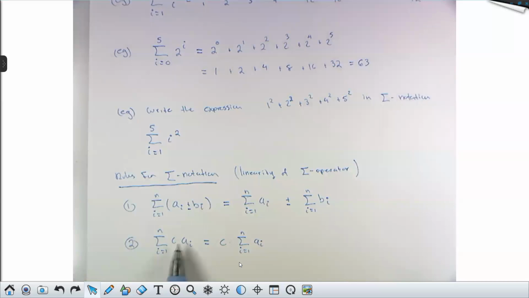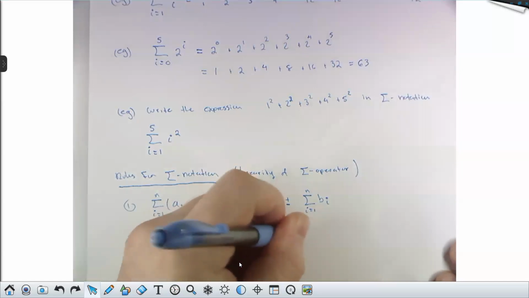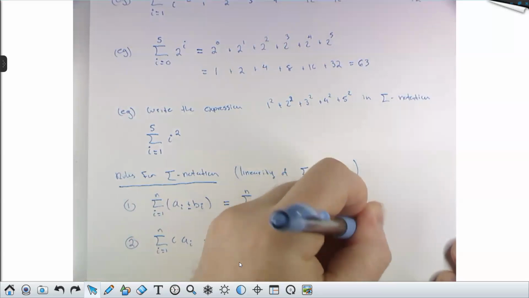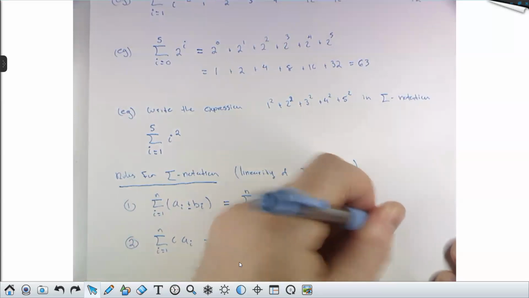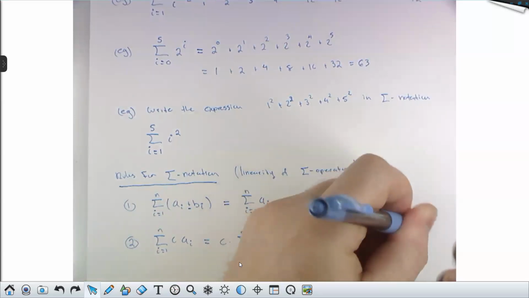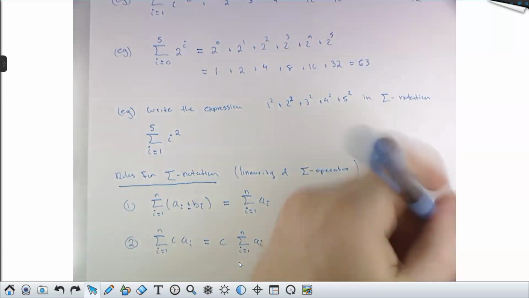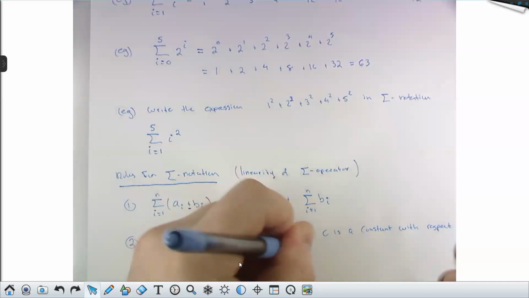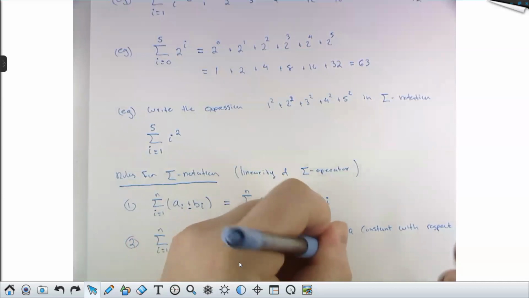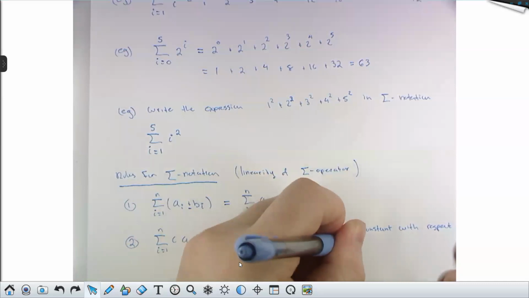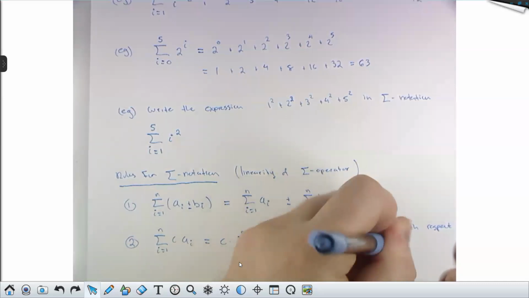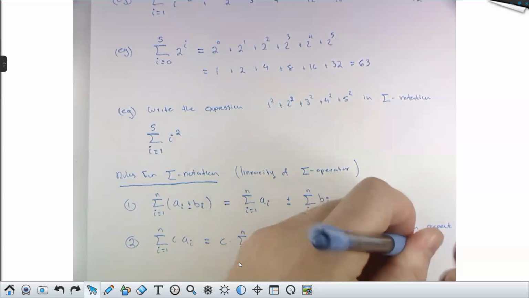In order to pop something out like this, it's important that the c is a constant. But it needs to be a constant with respect to the sum. What that means is that it has no i's in it.